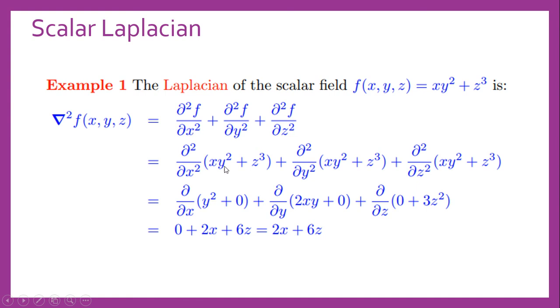The first differentiation gives y square, and the second differentiation gives 0. Likewise for y, dou square by dou y square: the first differentiation gives 2xy, and the second gives 2x. For z, the first differentiation gives 3z square, and the second gives 6z. So del square f is 2x plus 6z.